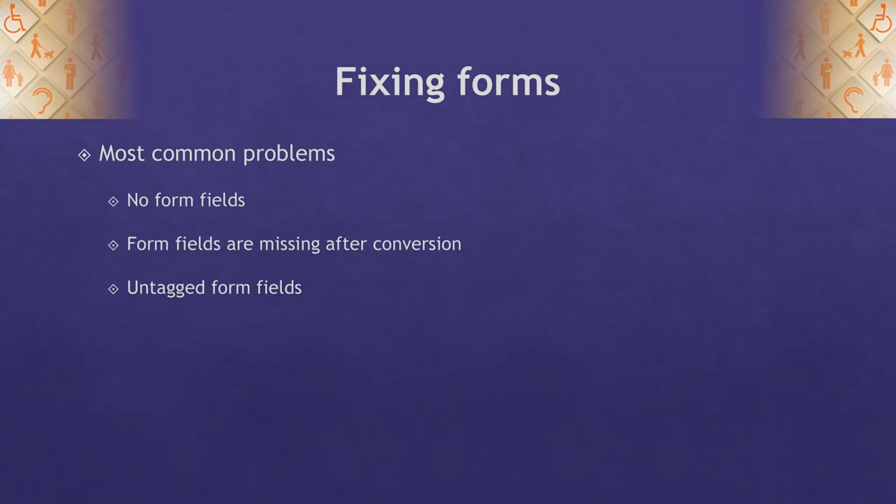A lot of times after you create a form, there are some form fields that are missing after the conversion. And I see this a lot with checkboxes, especially if they're small. And then untagged form fields kind of goes with no form fields. All the form elements are there, but they're not tagged.